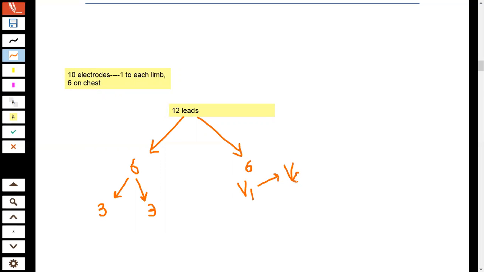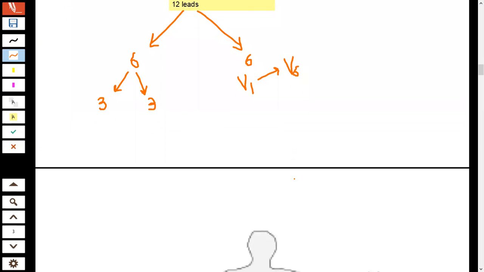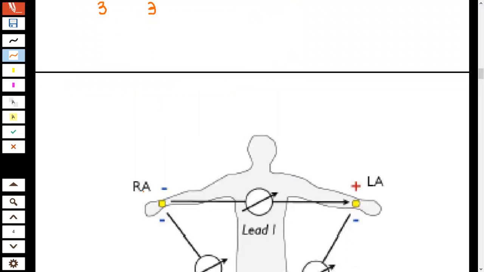Now I will discuss the positive and negative deflection. What does positive deflection mean and what does dipole mean? If I draw 4 cells here explaining depolarization and dipole, basically the dipole leads are explained here, the mechanism of dipole leads like leads 1, 2 and 3.